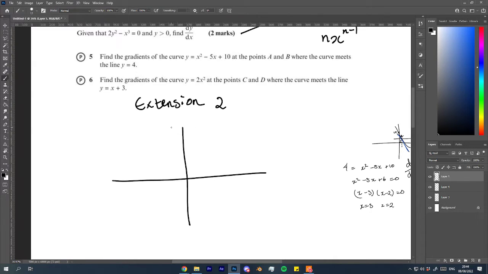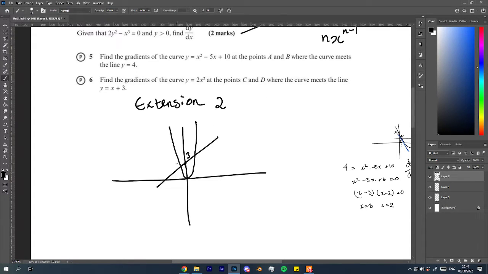2x squared will be like a stretched version of an x squared graph. Maybe something like that. And x plus 3 will look like this. Okay, that's our x plus 3 graph.